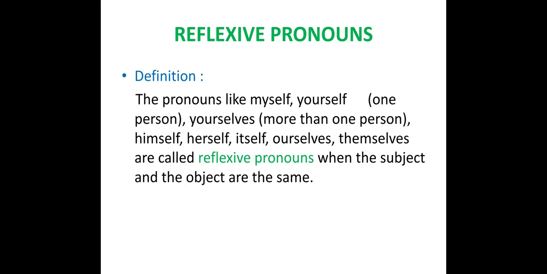So children, keep in mind that whenever the subject and object are both the same in a sentence, we use these words. For example, myself, yourself, ourselves. So these are all called reflexive pronouns.